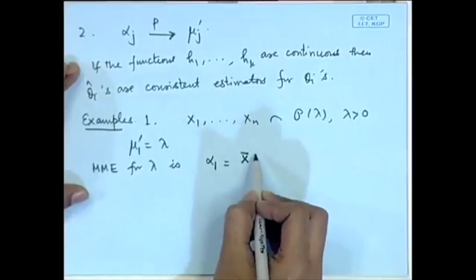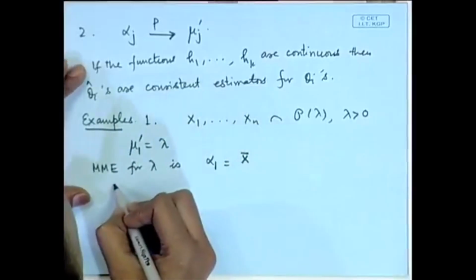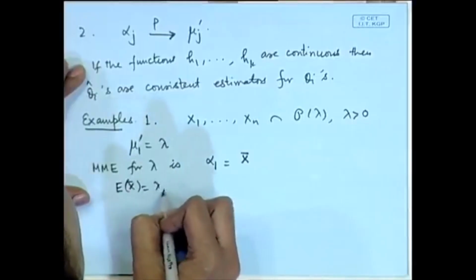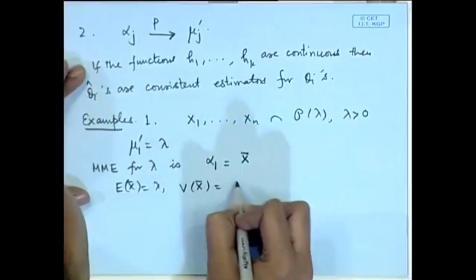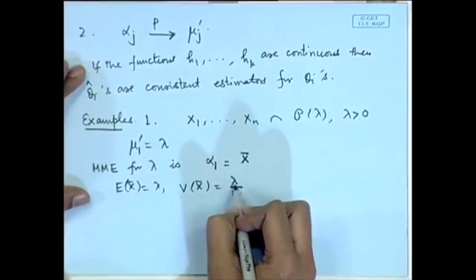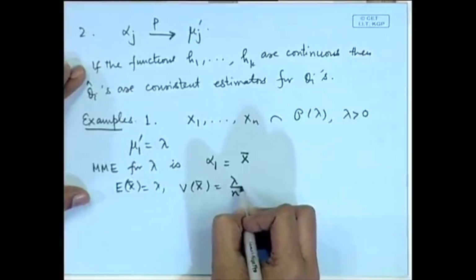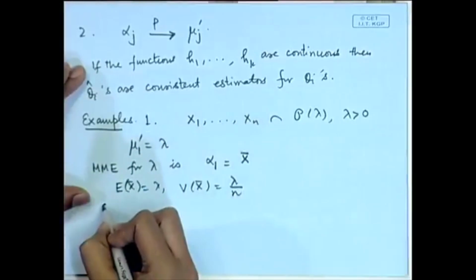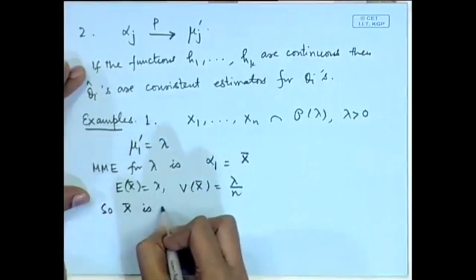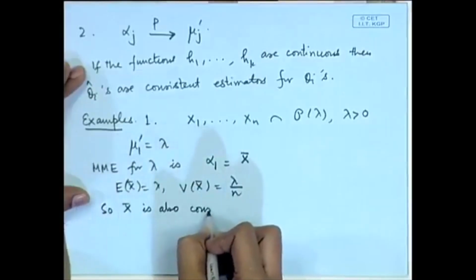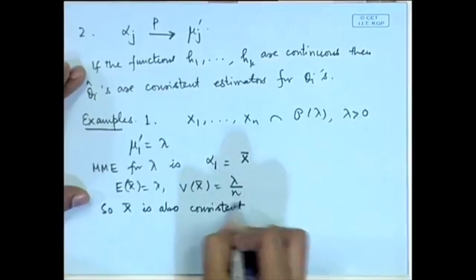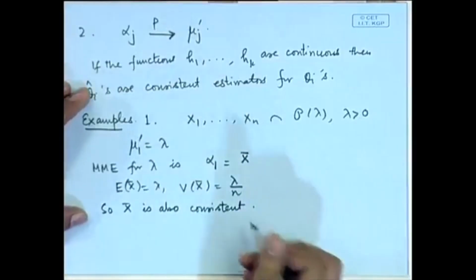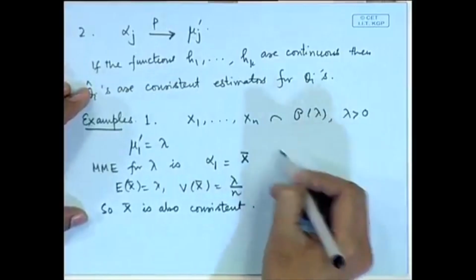In fact, it will be consistent also, because expectation of x bar is lambda, and variance of x bar will be lambda by n, because the variance of a Poisson distribution is same as the mean. So, x bar is also consistent. You can see that many times this method of moments estimator may be extremely simple.